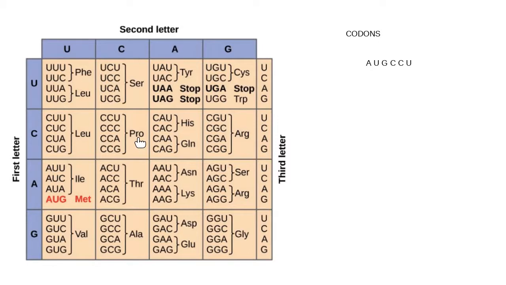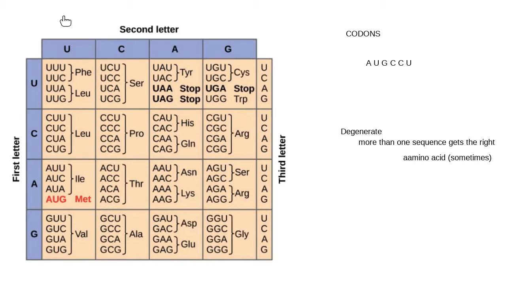Now, remember when we were talking about this table, we can see it really well here with proline. Remember that this table shows us that the genetic code is degenerate. What that means is that more than one sequence gets the right amino acid sometimes.